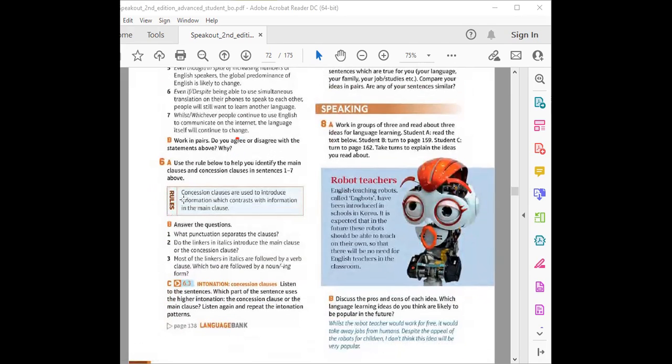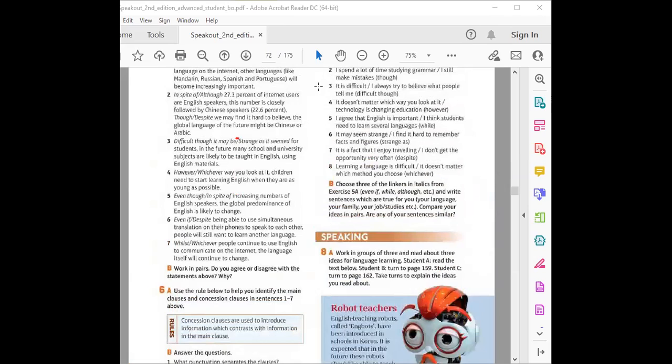But before going there, let's read this box. They're telling you concession clauses are used to introduce information which contrasts with information in the same or in the main clause. So if you look at them, all of them are giving you a contrast, right? One piece of information and other information that would work the other way. And this is why we call them concession clauses.